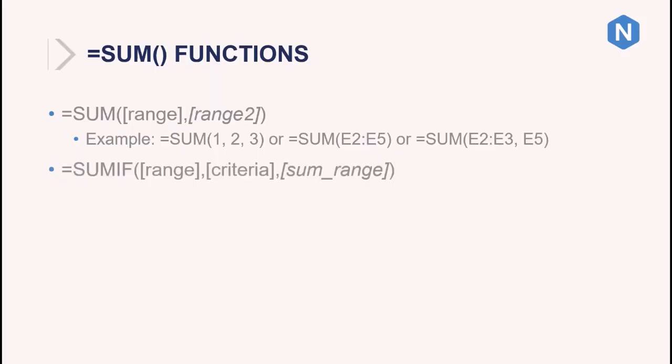Now you can also run a SUMIF command. SUMIF is really powerful, where you say, give me the sum of these cells from this range. So the structure is the same as sum for the first part, give it a range, and it'll sum it all up, only if some criteria is met. So this is kind of like an if statement.